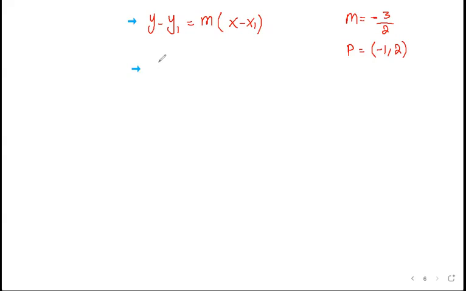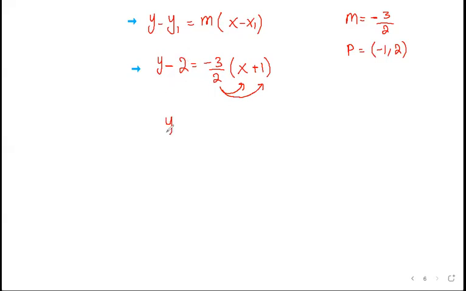It would turn into y minus 2 equals -3 over 2, open parentheses, x plus 1. X minus minus 1, yes, plus 1. Perfect. Now we distribute the fraction inside the parentheses, and we add 2 because I need the formula equal to y.